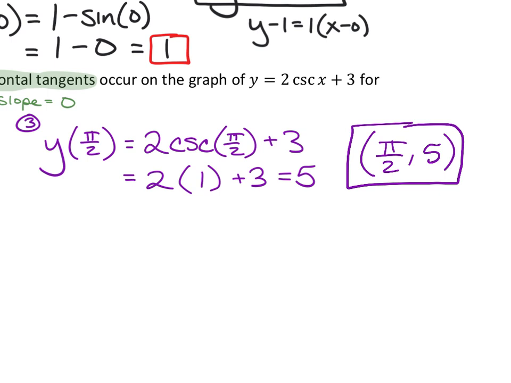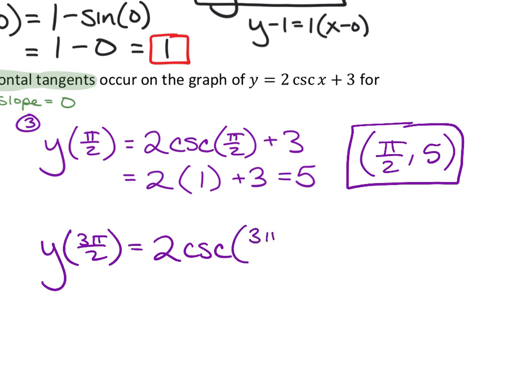So how would we do the second one? What number are we plugging into y this time? 3 pi over 2. This is 2 times the cosecant of 3 pi over 2 plus 3. Cosecant is the reciprocal of sine, so we can read the table for sine and just flip the number over. What is the cosecant of 3 pi over 2?